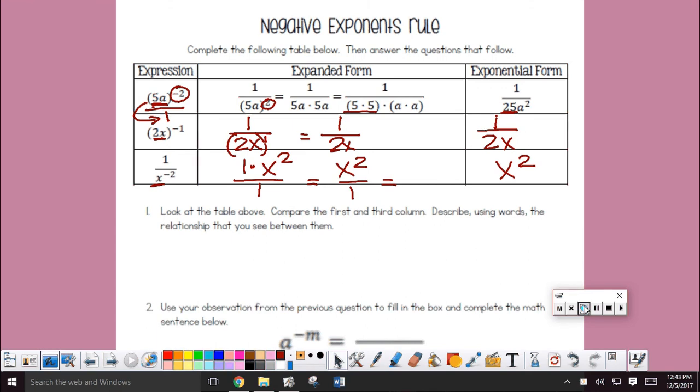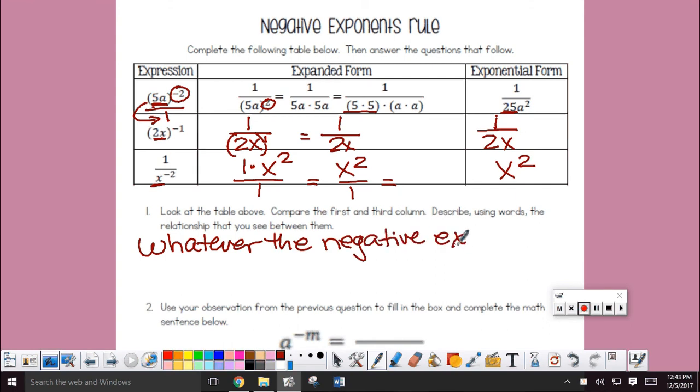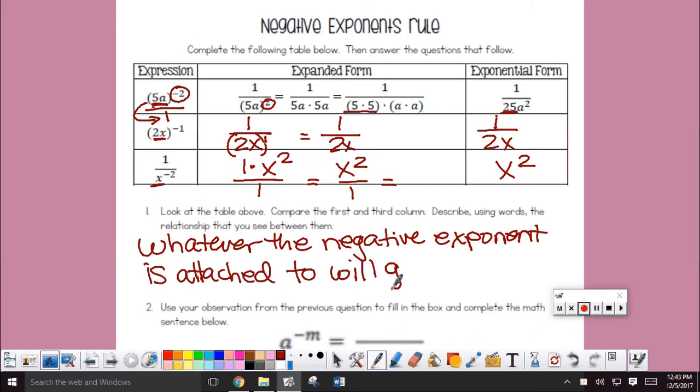Let's say, whatever the negative exponent is attached to will get flipped.